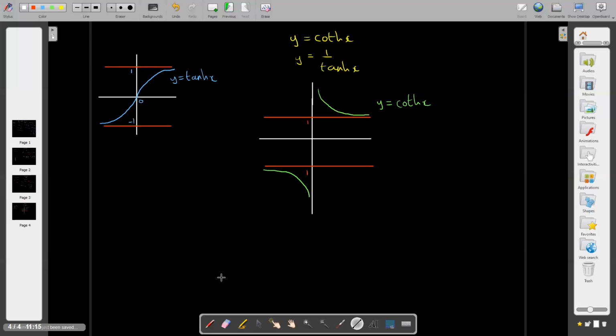The hyperbolic coth is e to the x plus e to the minus x over e to the x minus e to the minus x.